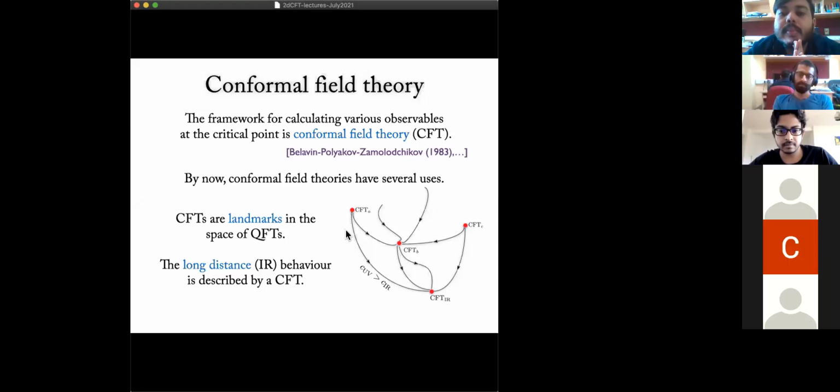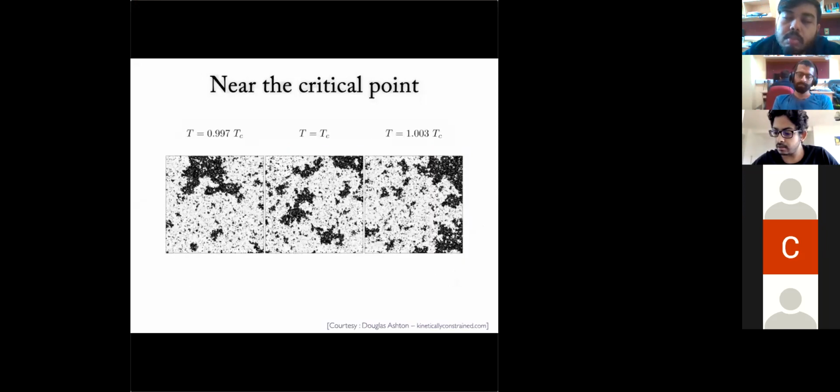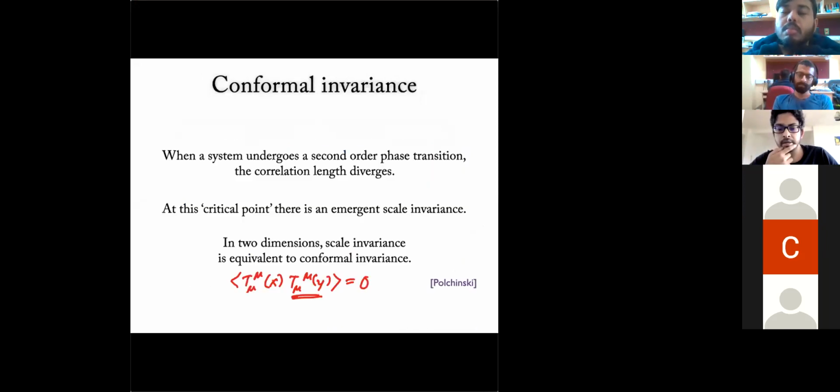Going back, you had given an argument invoking reflection positivity and the 2-point function for the trace of the stress tensor being 0. So in higher dimensions, what goes wrong in this argument? Yeah, that's a good question.